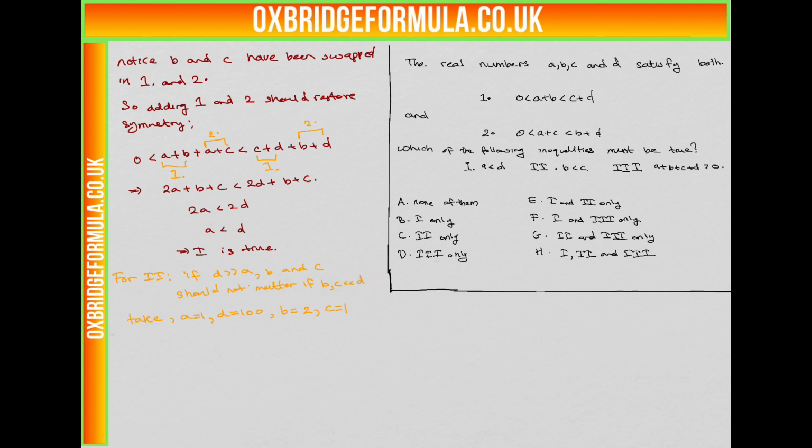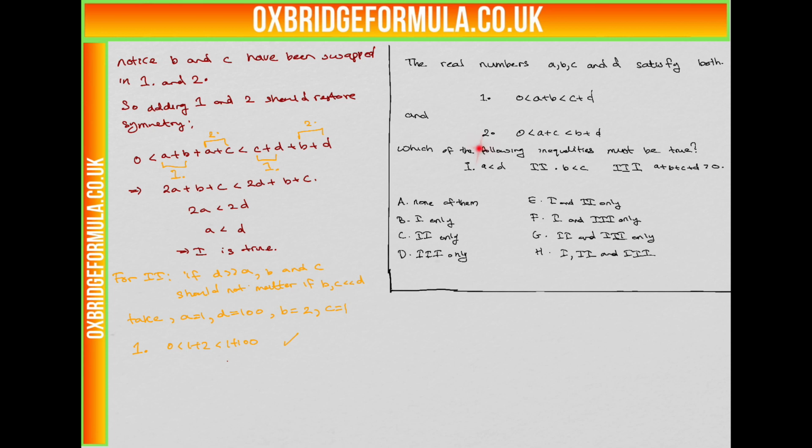So if we look at a particular example, for example, a equals 1, d equals 100, b equals 2, and c equals 1, then we can check that both 1 and 2 are satisfied. Condition 1 gives a plus b, so 1 plus 2, and we want that to be less than c plus d, so 1 plus 100, and that is a true statement.